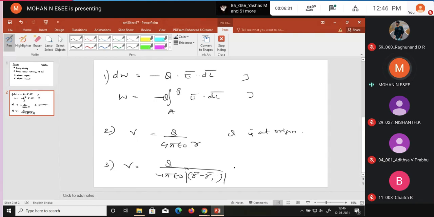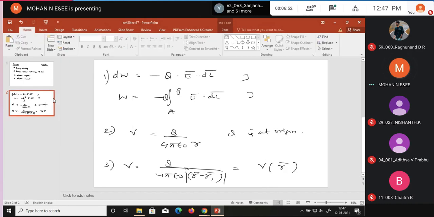And this is the variable quantity, the distance between the point of interest and the origin, that is the R vector. This is what we have seen.